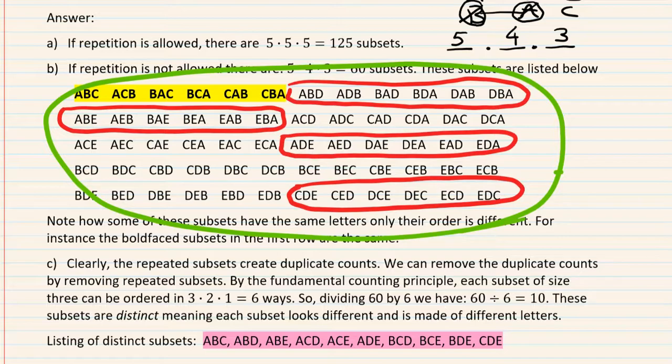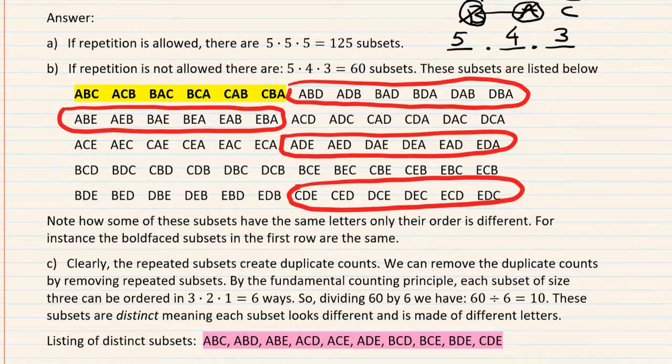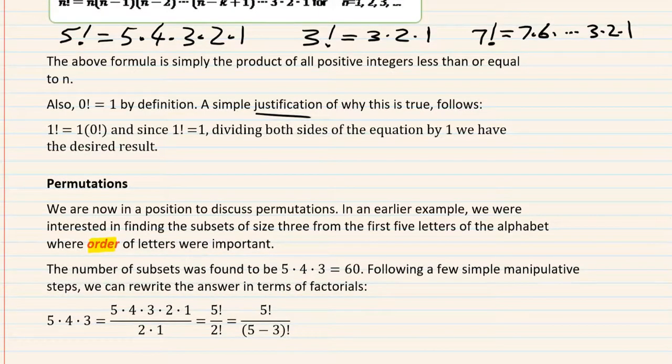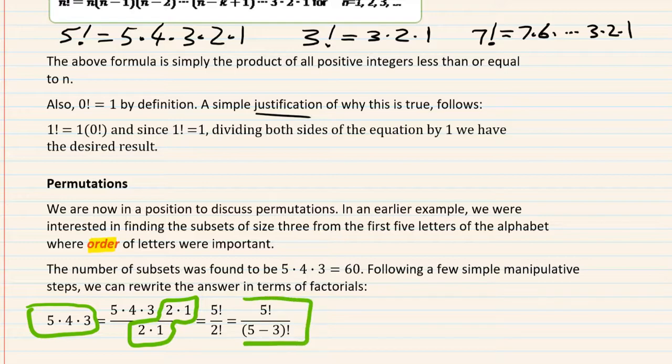Well, these subsets, I can actually work the multiplication rule, and that's what I have done here. If you look at 5, 4, 3, I'm essentially manipulating that because I want to incorporate factorials into this work. So that 5, 4, 3 can be written in this form.